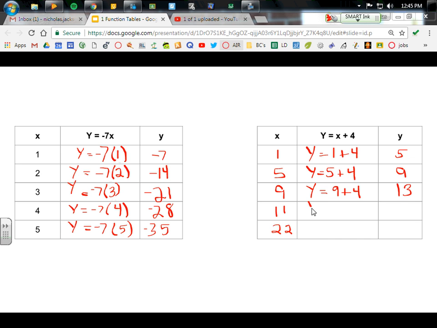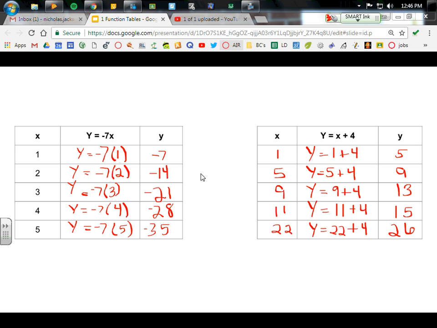If our input is 11, our function will be y equals 11 plus 4, and our output will be 15. If our input is 22, our function will be y equals 22 plus 4, and our output will be 26.